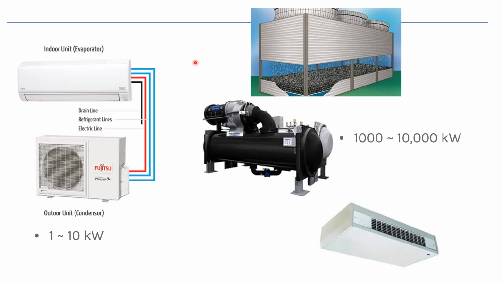But if you go to some industry areas, for example, hospitals, hotels, and all the other kinds of commercial buildings, they actually need a very large capacity for cooling or heating. So for houses, it might be 1 to 10 kilowatts, but for the other buildings, they might need several sets of chillers, which is a very huge cooling capacity.